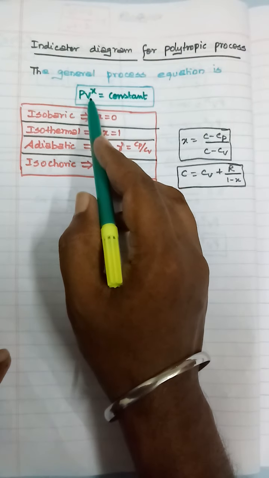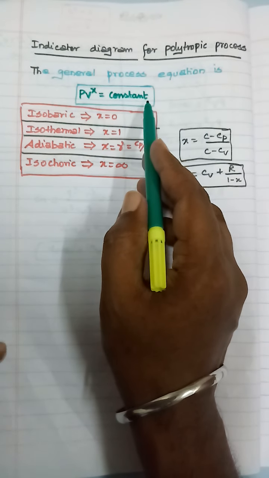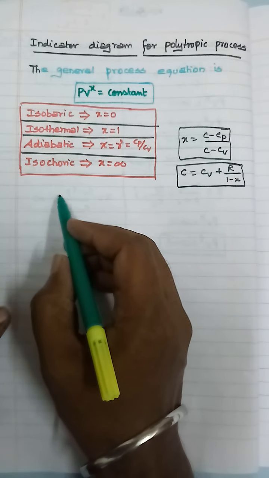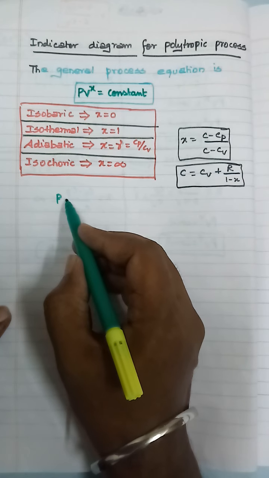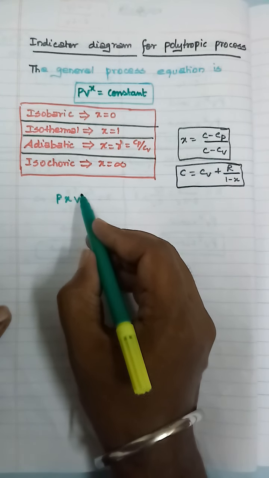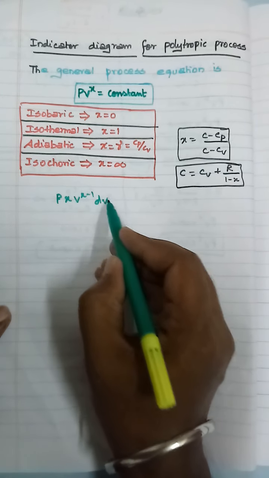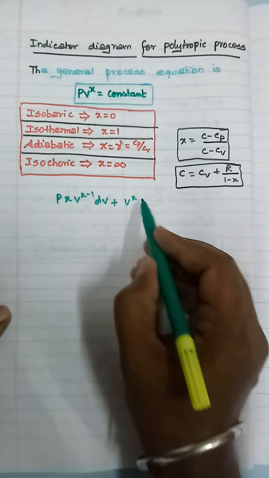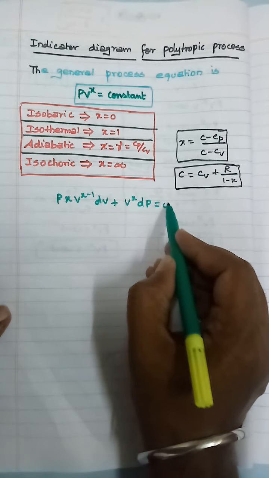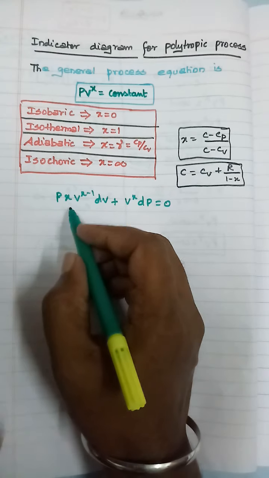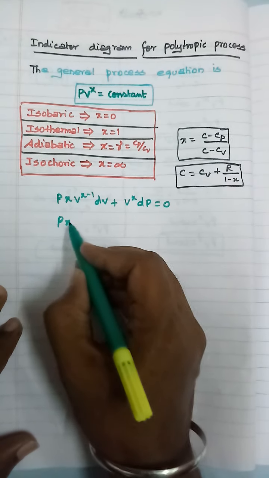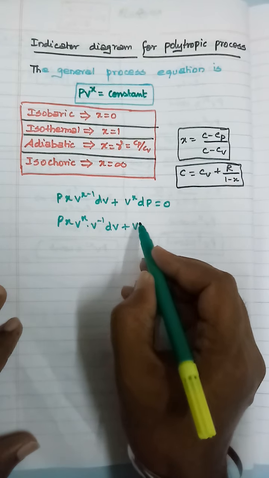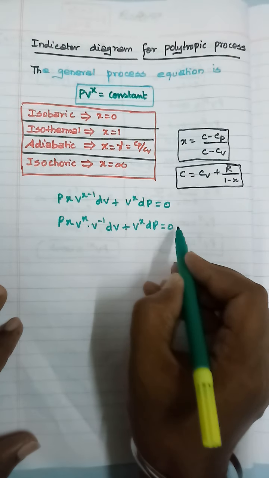When you take the equation PV^x = constant and differentiate on both sides, you get P x V^(x−1) dV + V^x dP = 0.